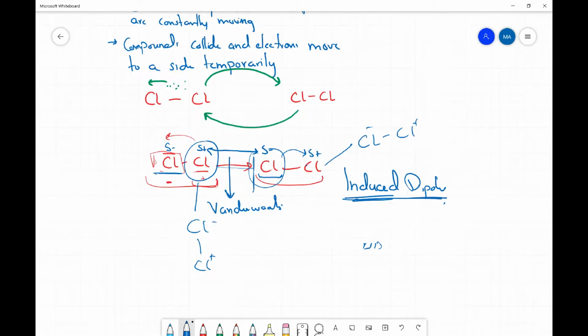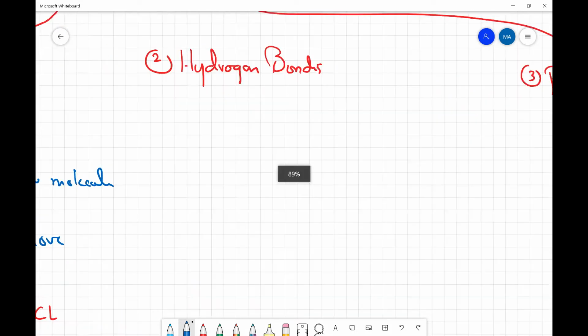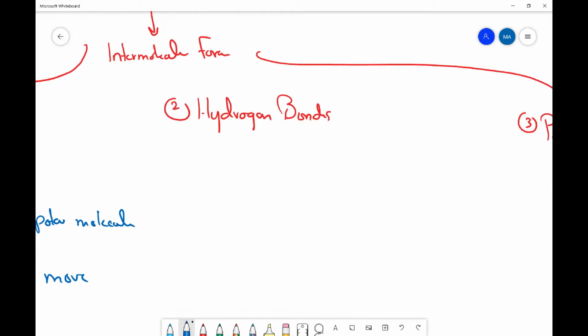Now we are moving on to hydrogen bonds. Hydrogen bonds are basically the strongest type of intermolecular force, and it exerts under certain conditions. So there are two conditions that you need to fulfill in order to have hydrogen bonds.